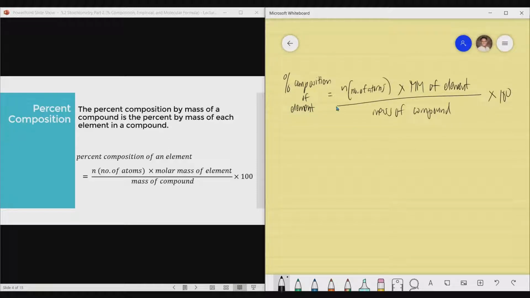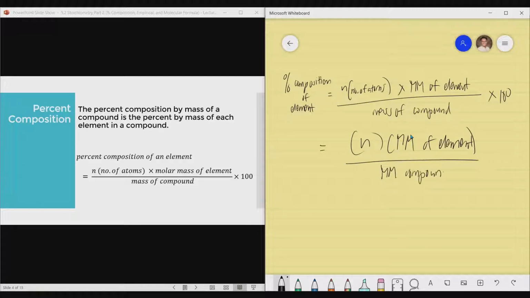So let me repeat, percent composition of an element is simply n, the number of atoms, times molar mass of element, all over mass of compound. We can rewrite this further into n multiplied by molar mass of element, all over molar mass of compound, times 100. So n represents the number of atoms.